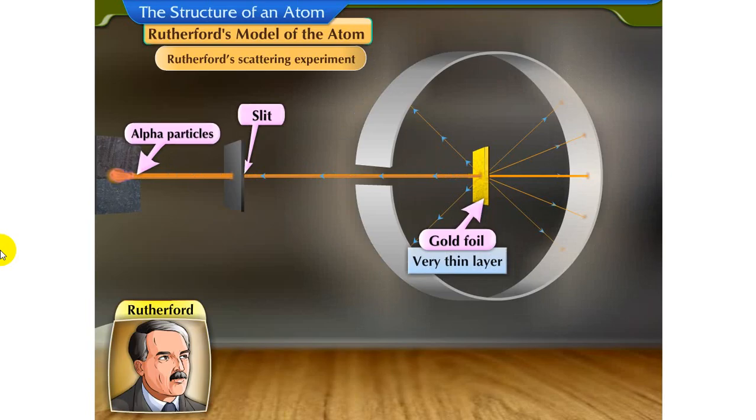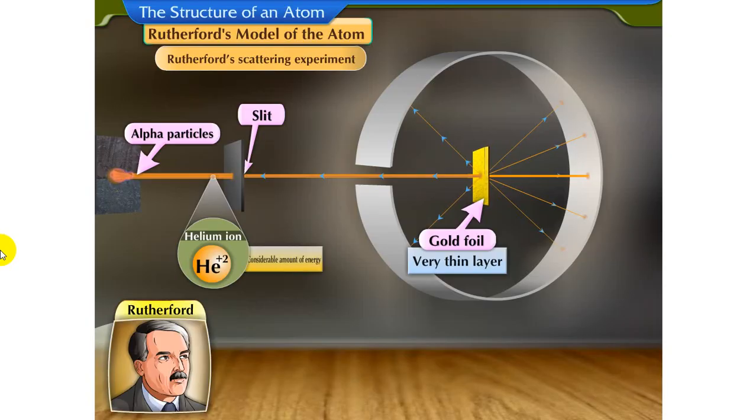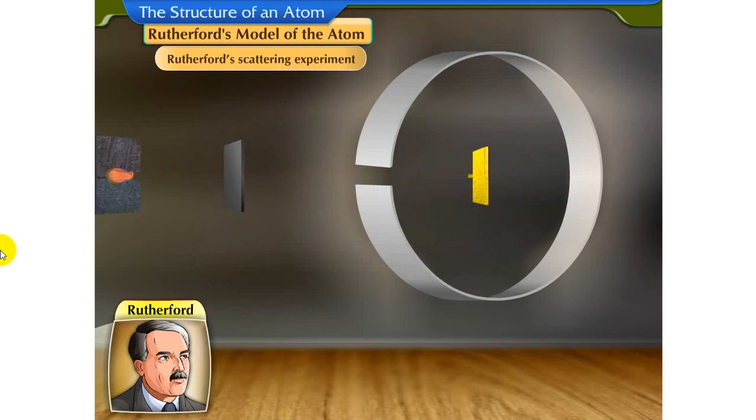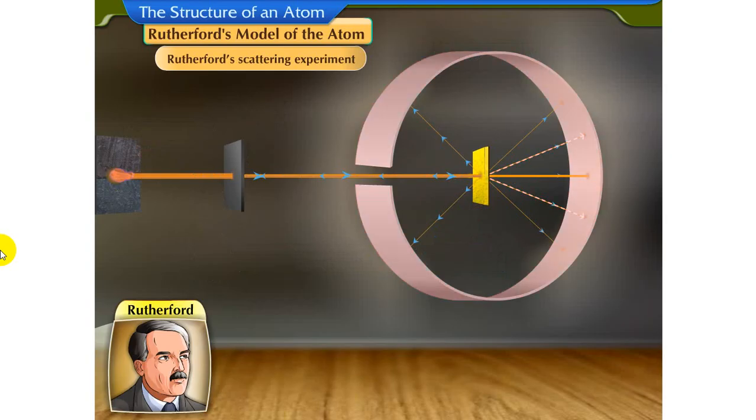Alpha particles are helium ions with +2 charge and have a considerable amount of energy. These particles were studied by means of flashes of light they produced on striking a zinc sulfide screen. He expected the alpha particles to pass through the gold foil with little deflections and strike the fluorescent screen.